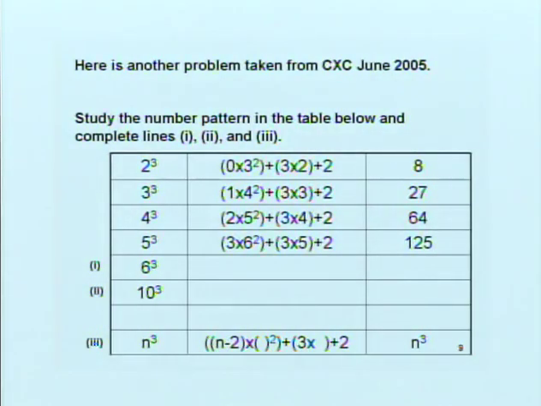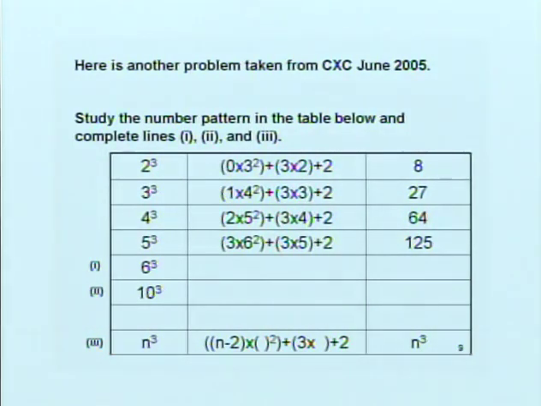In the first row, we have 2 cubed, and in the second column of the first row, it is 0 times 3 square plus 3 times 2 plus 2. When that is worked out, we have 8. So 2 cubed will give us the same answer as in the middle and the answer 8 on the right.